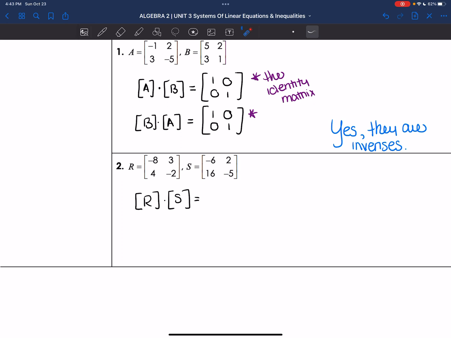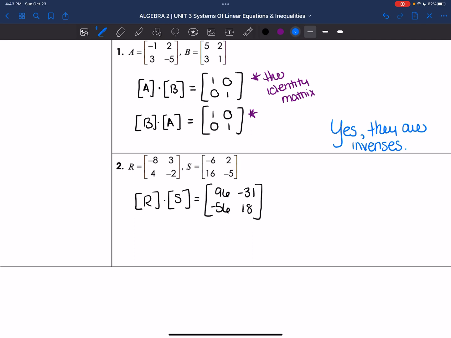You may have to rename R and S. You could put them in position A and B since our calculators don't go all the way to listing R or S. So go ahead and put those in your calculator, multiply, and see what is the result of R times S. All right, well, when you multiply those, the resulting matrix is 96, negative 31, negative 56, and 18.